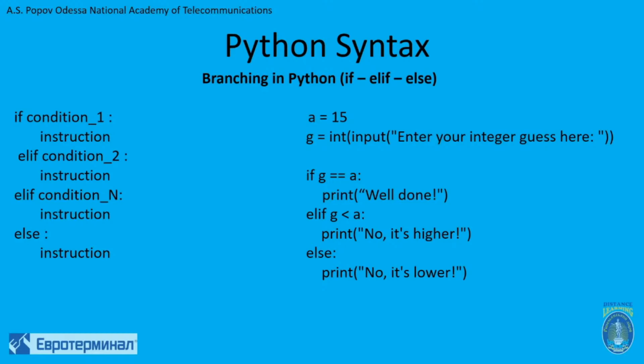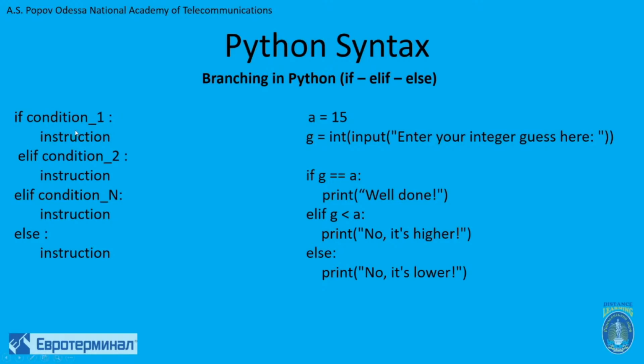How it actually looks: you type if, which is the keyword, then you type the first condition, then you provide the instruction. If you have more conditions and more options, you use elif, provide condition, instruction, elif, condition, instruction.